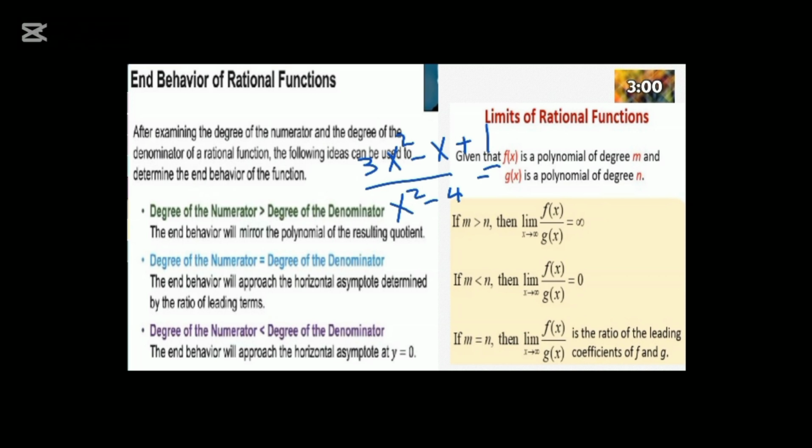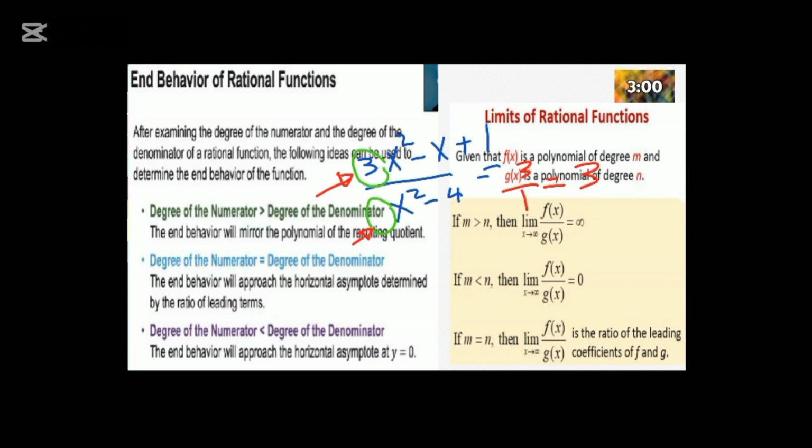So we can take the coefficient of the x power 2 in the up and the coefficient of x power 2 in the down and put them together, so it will be equal to 3 over 1, equal to 3. So if you need to find the limit of this function, take the coefficient of the highest power in the up and the highest power in the down and make them a fraction, like that. Do you understand that?